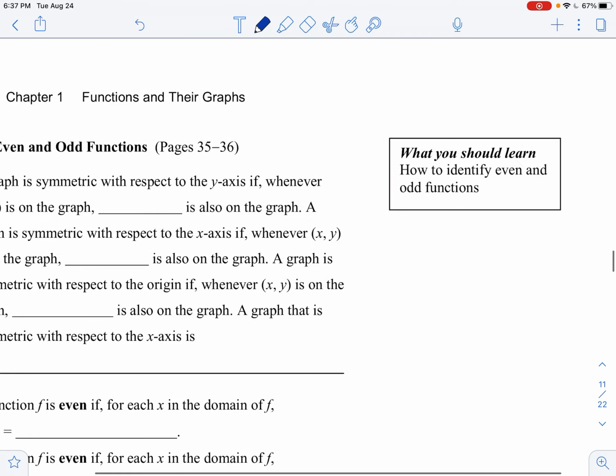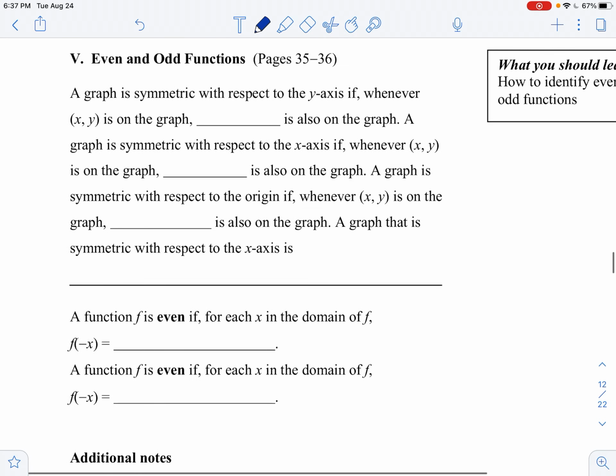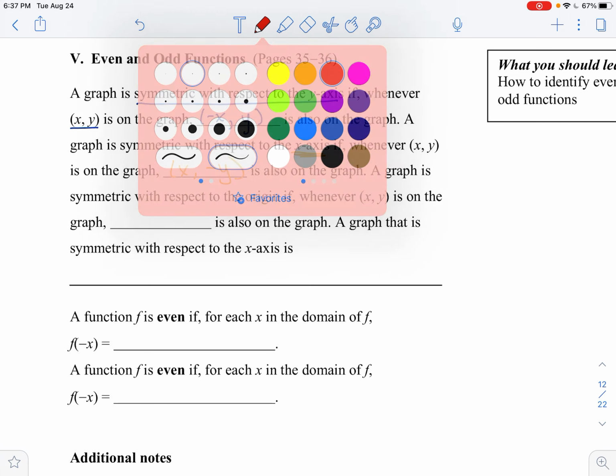Okay, last page. Let's talk about even and odd functions. It's symmetric with respect to the y-axis whenever, if (x, y) is on the graph, then (negative x, y) is also on the graph. If it's symmetric with respect to the x-axis, whenever (x, y) is on the graph, then (x, negative y) is too.